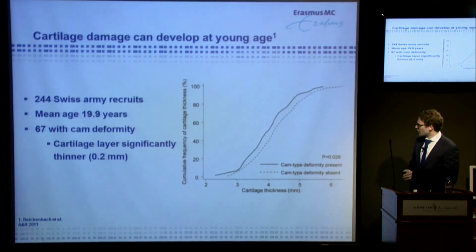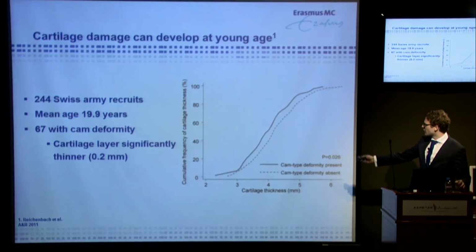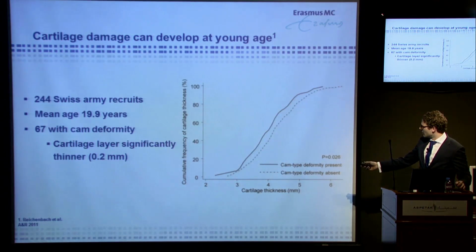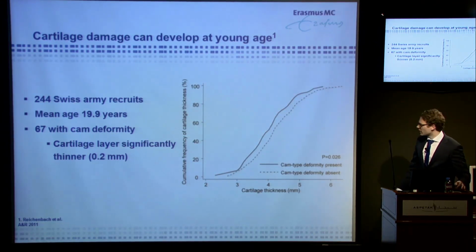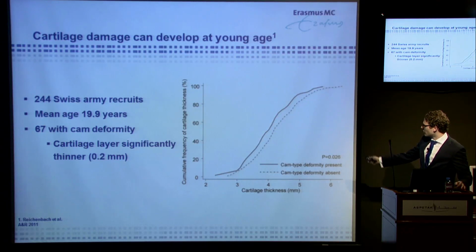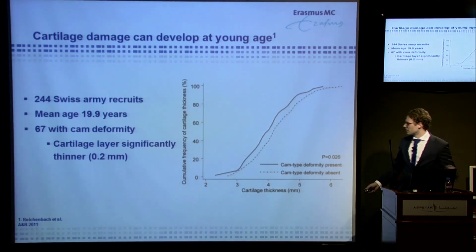And they found, as shown by this figure, that the straight line are the hips with cam deformity, and the dotted line are the hips without cam deformity, and this line is shifted towards the left, which is the cartilage thickness.